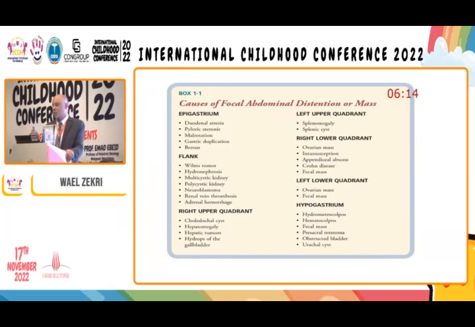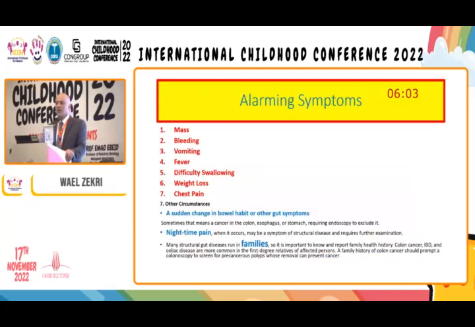So what can catch my attention, or what makes me alert for something more serious? These are the alarming signs. This is my message. When I look at an abdominal distension and I find a mass, it's something serious. When I look at abdominal distension and I find bleeding, it's something serious.